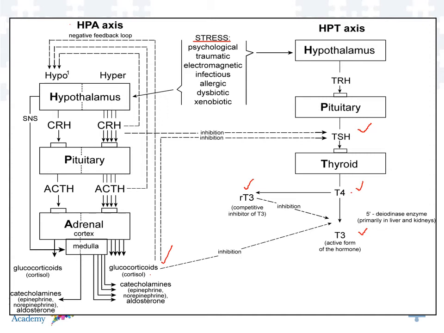So it's an interesting slide when you start diving into it a little bit deeper and understanding that we have a regulatory effect over our thyroid metabolism being linked back to the HPA axis.